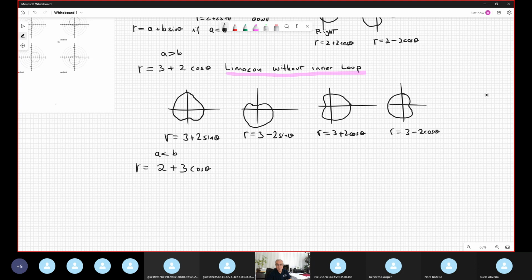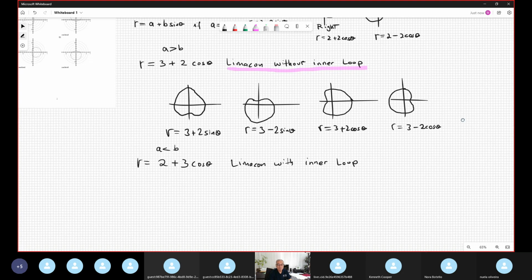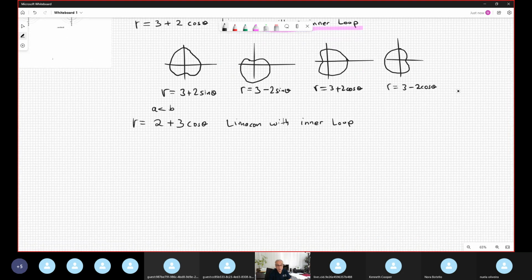So we have the famous limaçon also, with inner loop. And the inner loop is, let me try to do my best. After, you see the answer in this one.